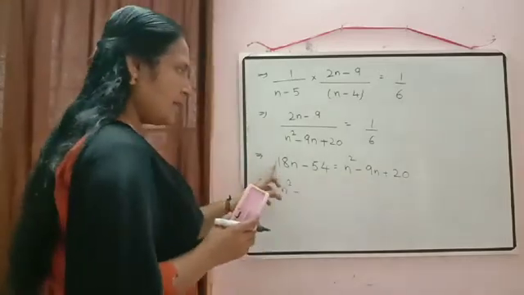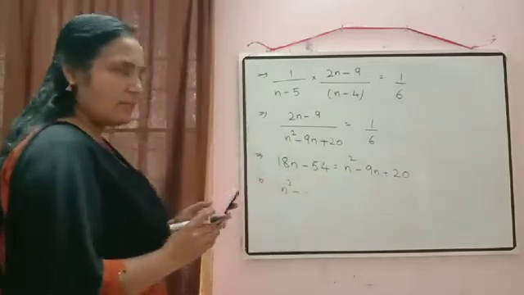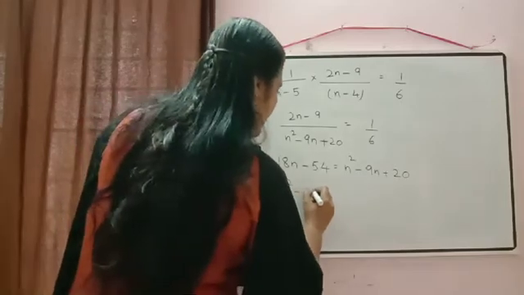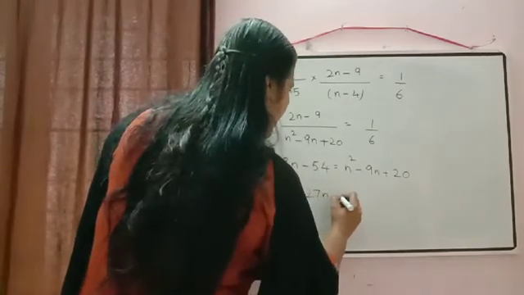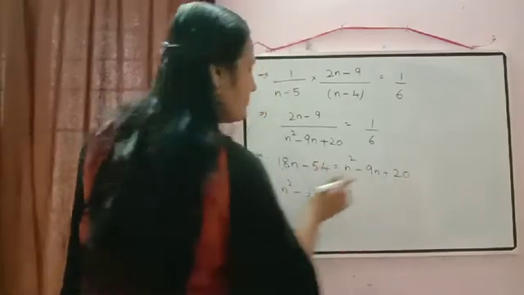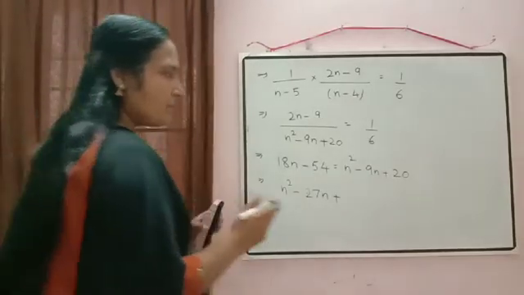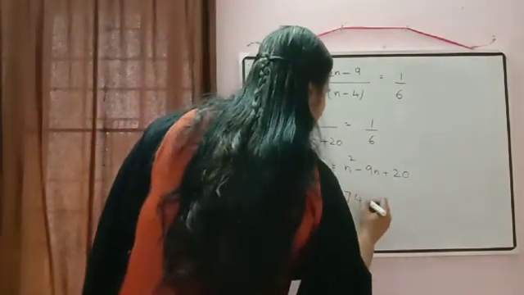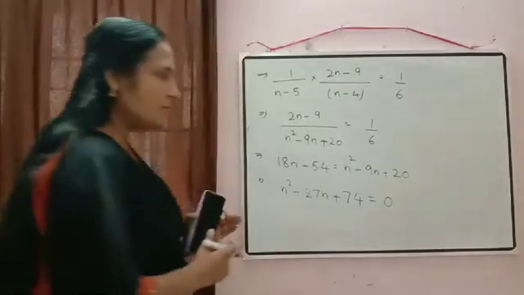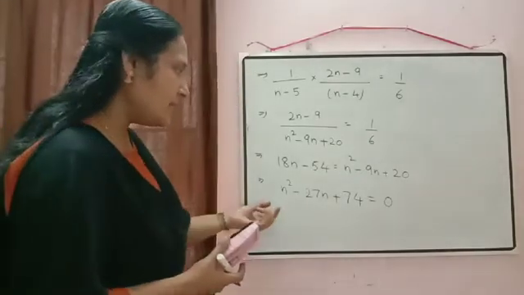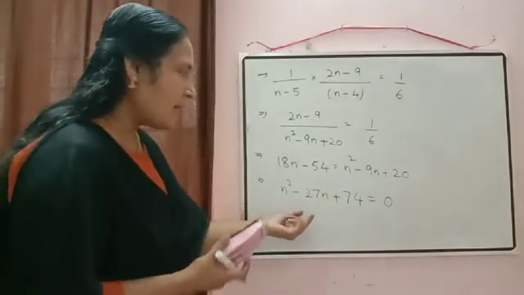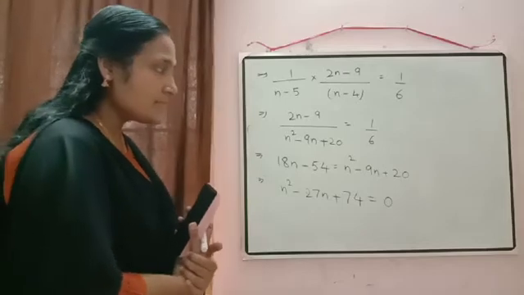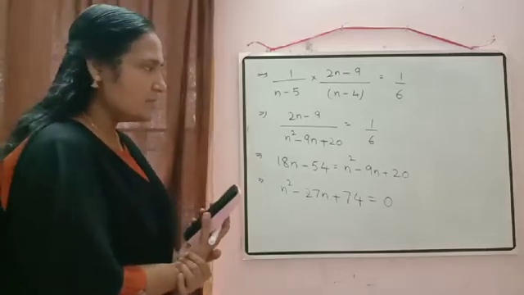So minus 9 minus 12, that will be equal to minus 21n. Then plus 20 plus 54. So 54 plus 20 will be equal to 74 is equal to 0. So what we are getting here? N square minus 27n plus 74 is equal to 0.